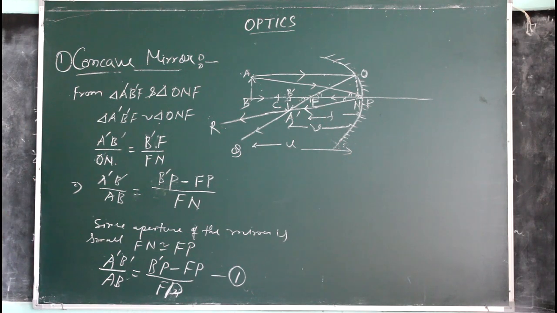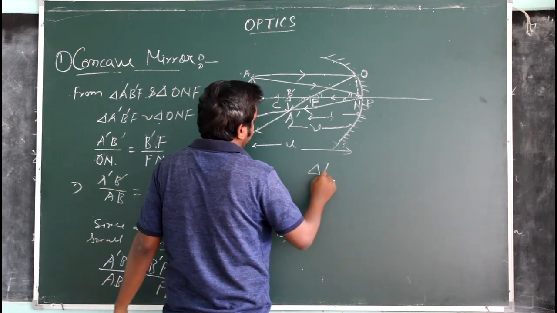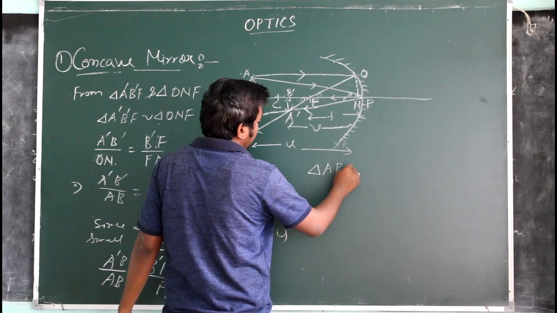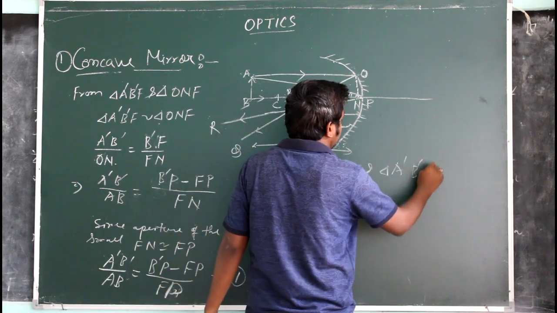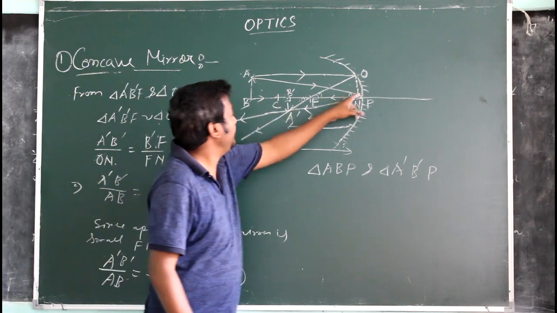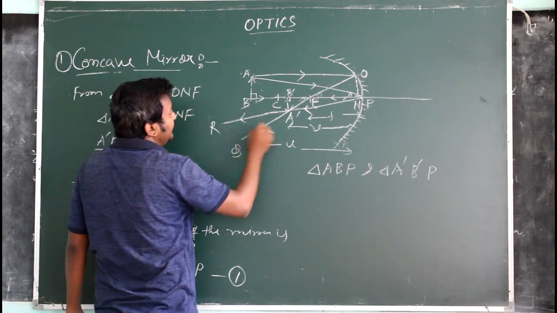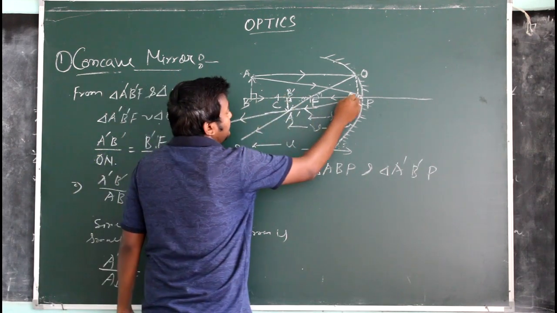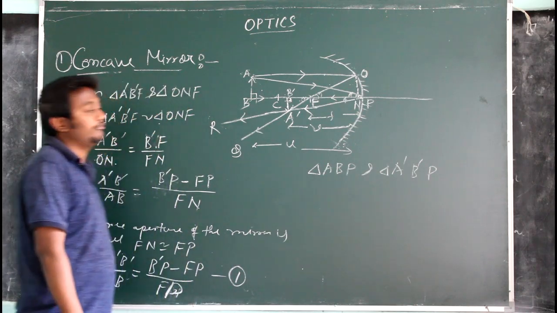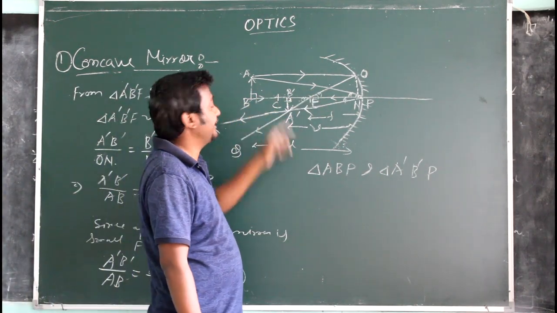Again we consider triangle ABP and triangle A'B'P. Here you can see this angle equals this one, a right angle, and this angle equals this one by the laws of reflection. If two angles are equal, then the third angle is also equal.